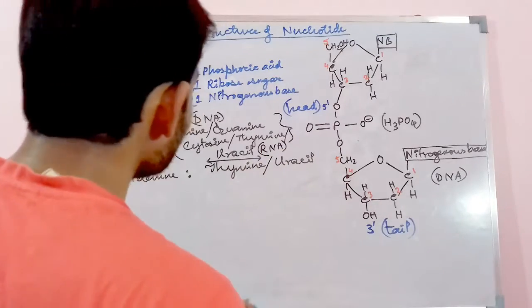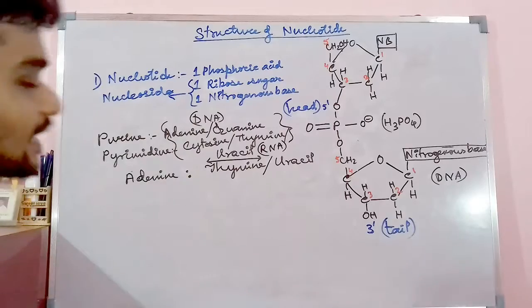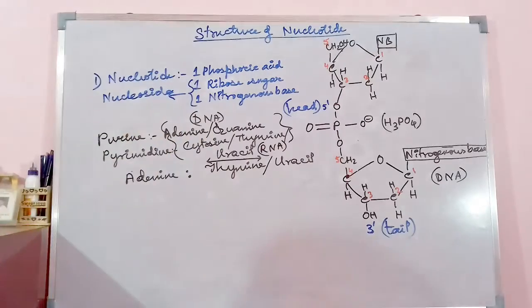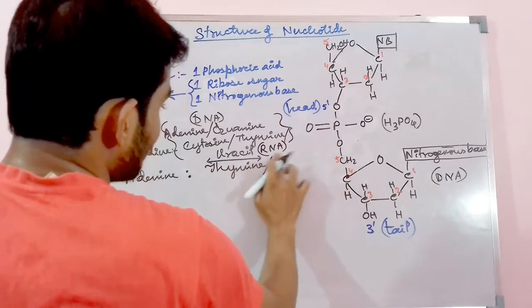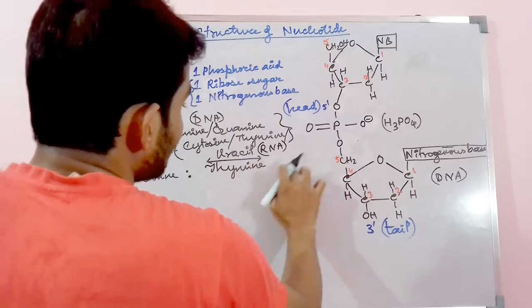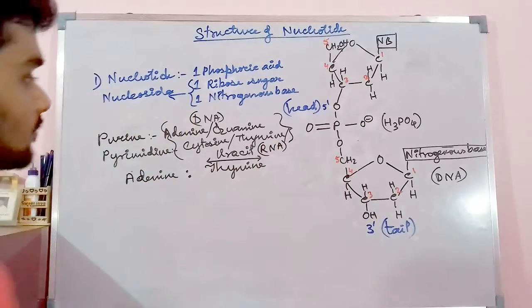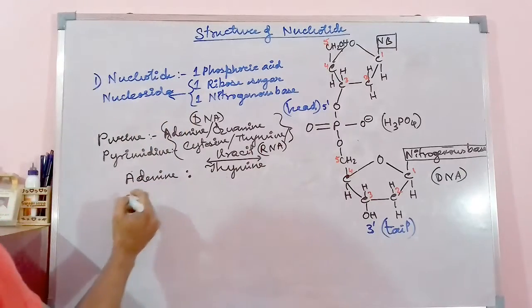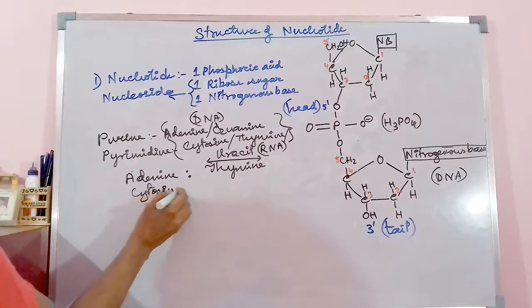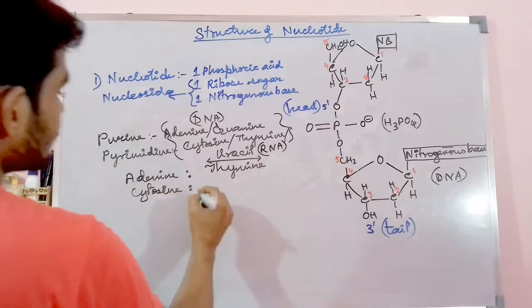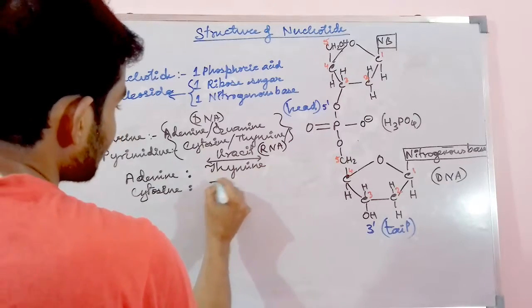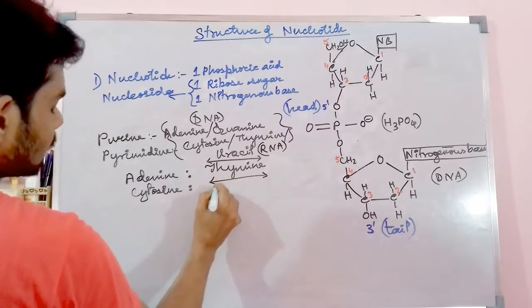In case of RNA, the uracil is present and thymine stays in the DNA structure. So let us now write the thymine part here, because we are considering the double stranded structure of DNA only. The adenine is complemented with thymine, and the cytosine is complementary with the guanine.